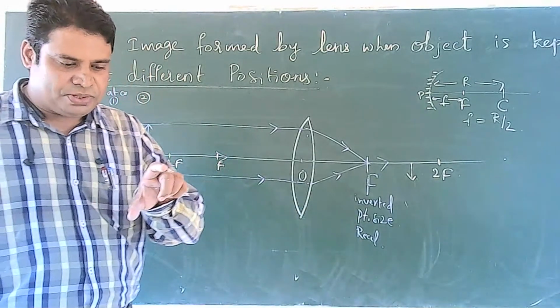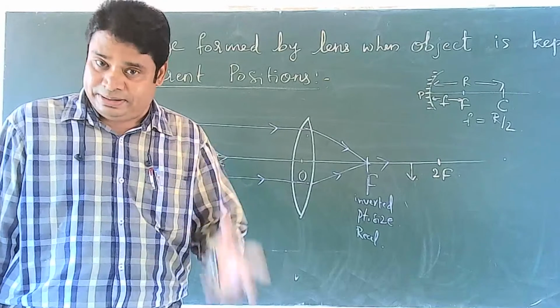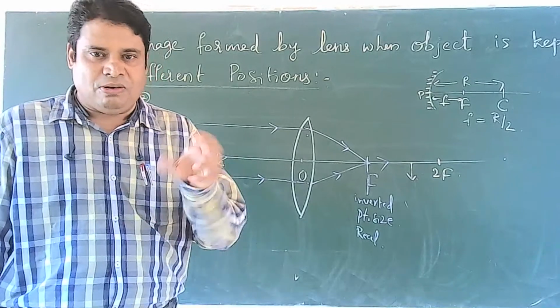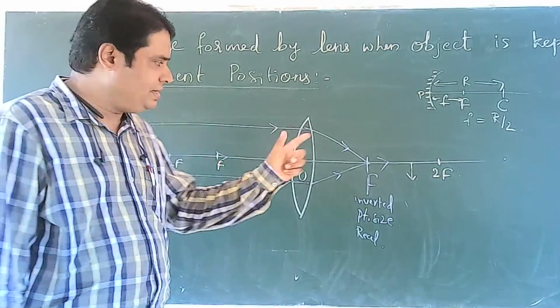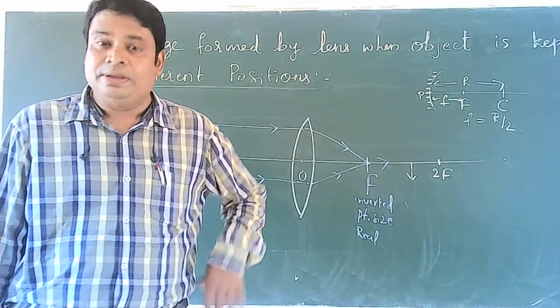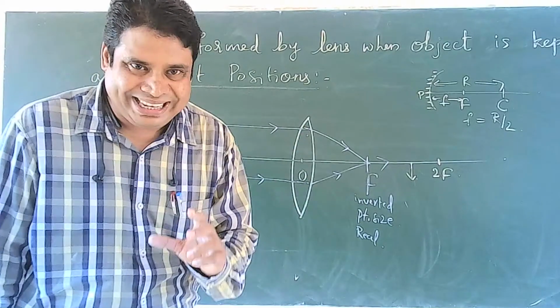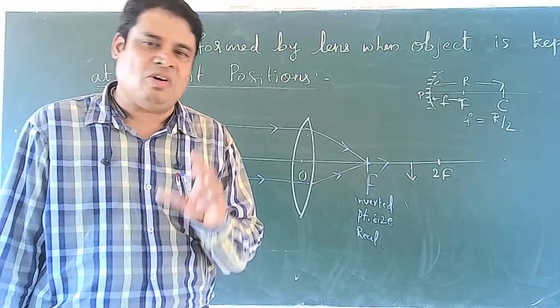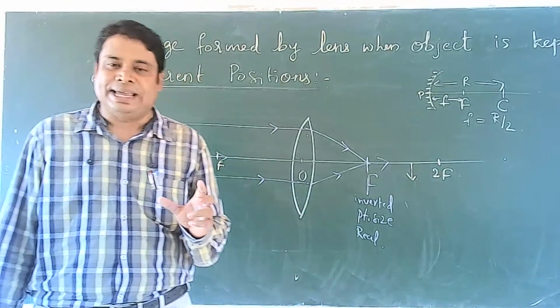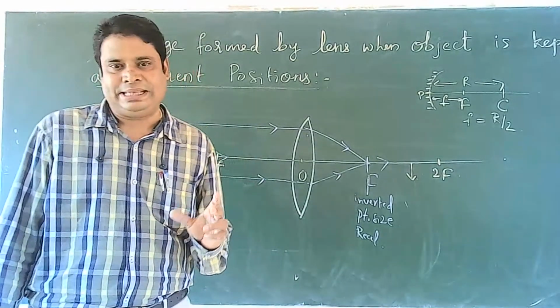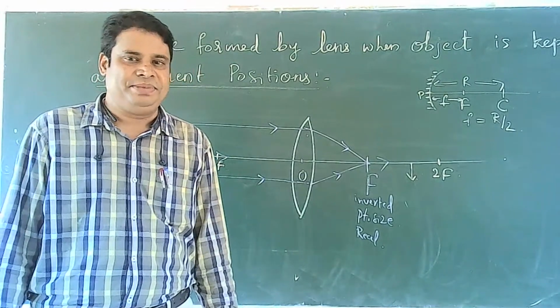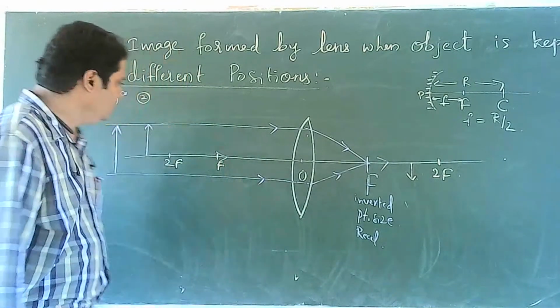This is inverted, first thing we observe. So an inverted image is real; we have studied so far that all inverted images are real. Hence this is real. What is the size? The size of the image is less than the object size. This is what we observe in this case.